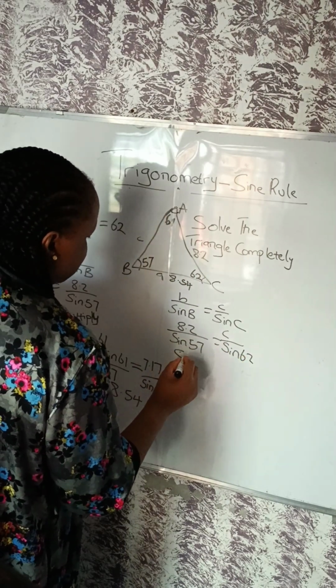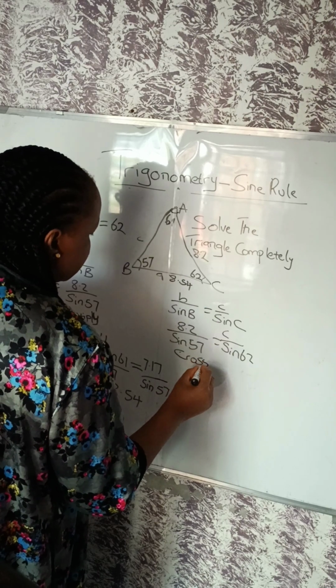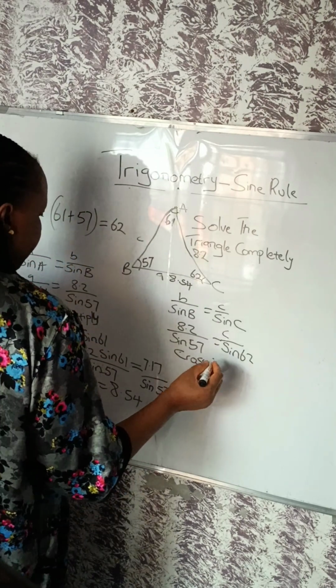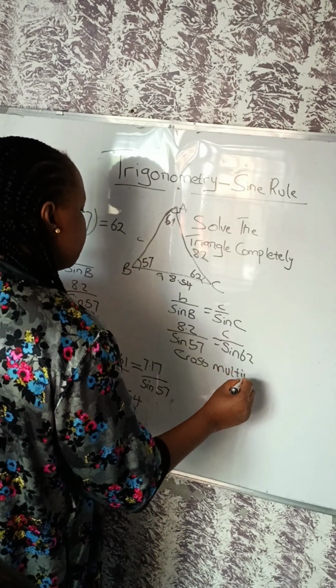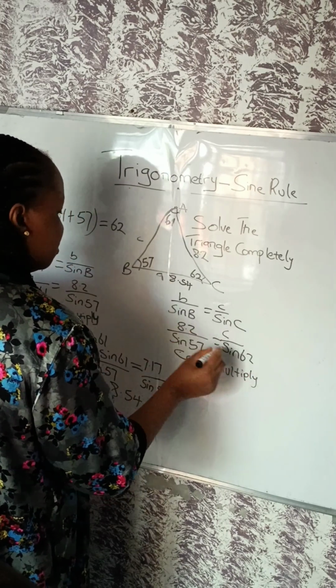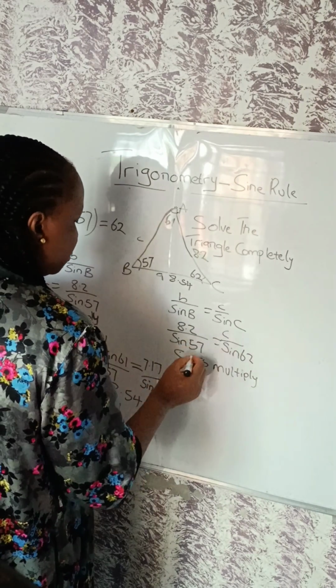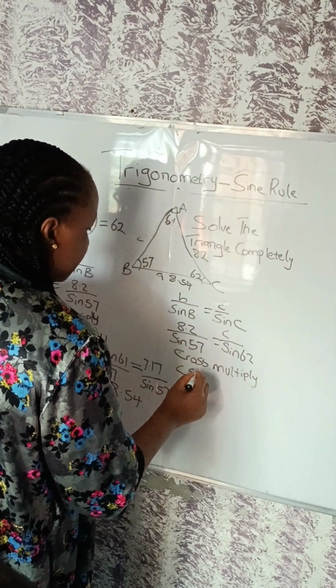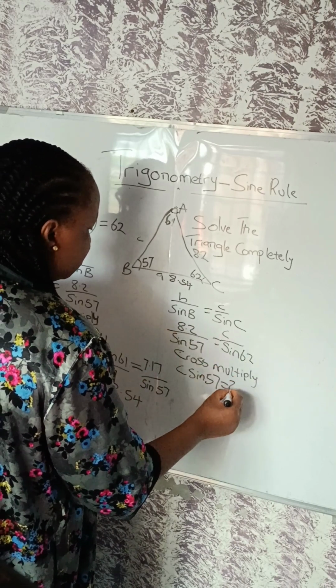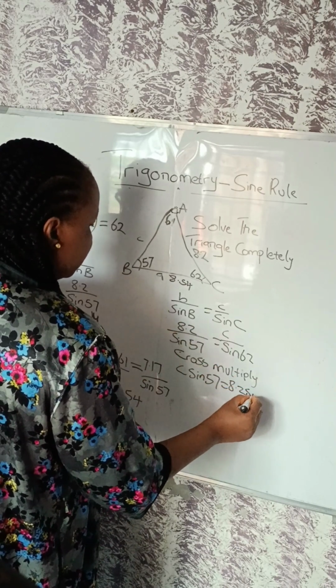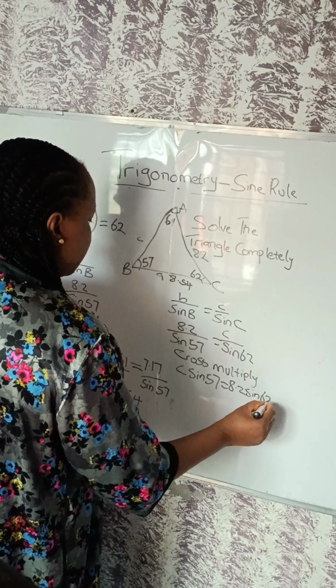So as usual, we cross multiply. When we do that, this will be c sine 57 equal to this times this, 8.2 sine 62.